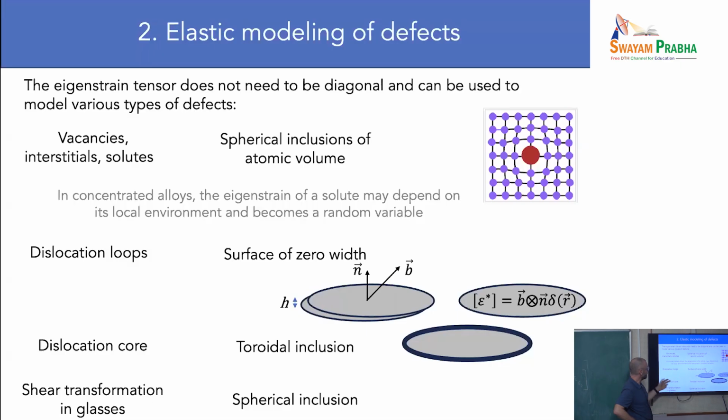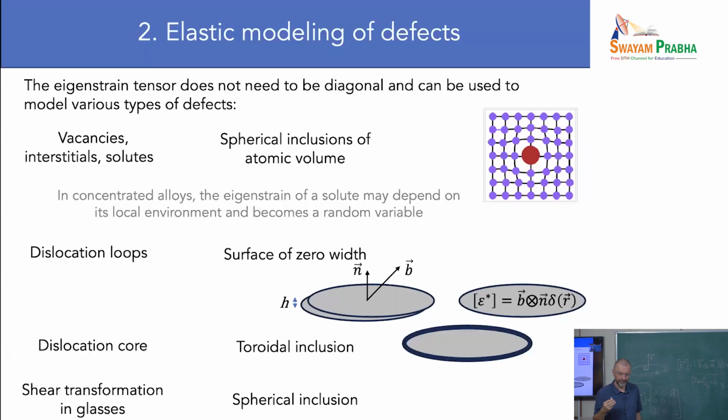Now, around the dislocation, you have the dislocation core here. For those who were at my seminar yesterday, I said that BCC metals are known for their non-Schmid effects, right? Those who are working on BCC know that.